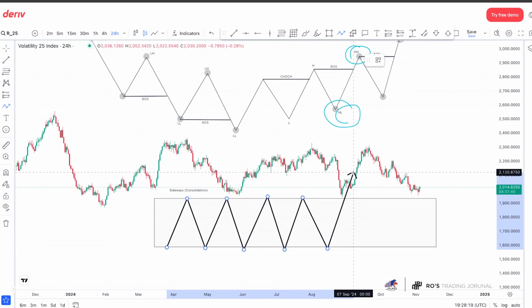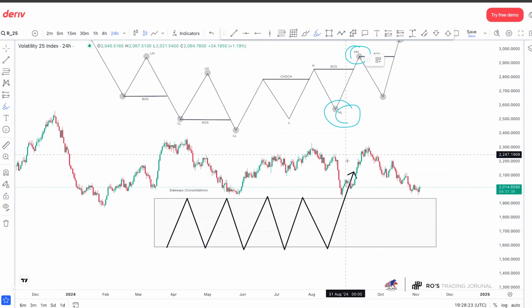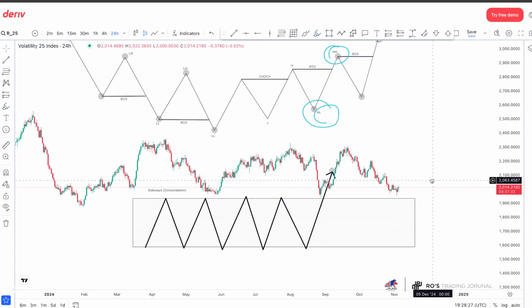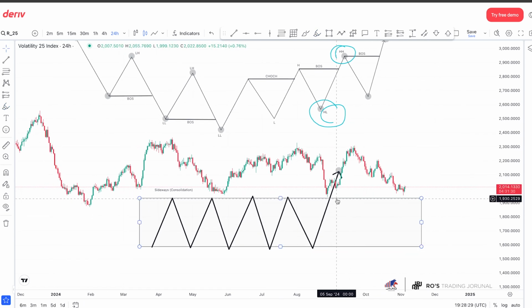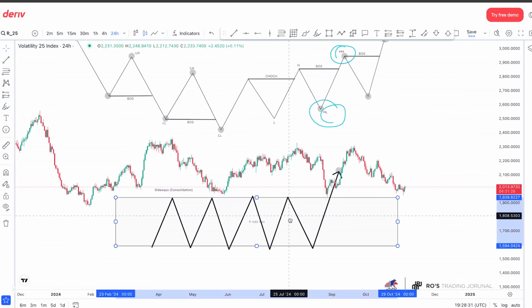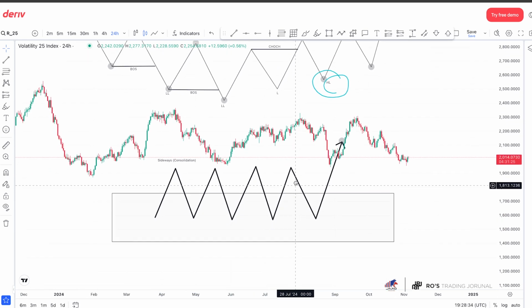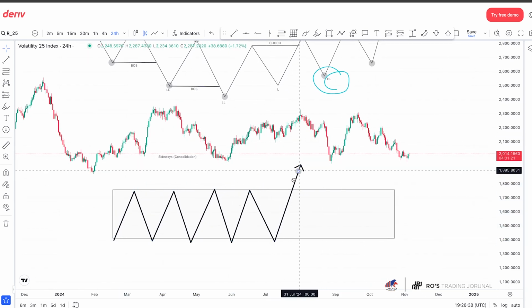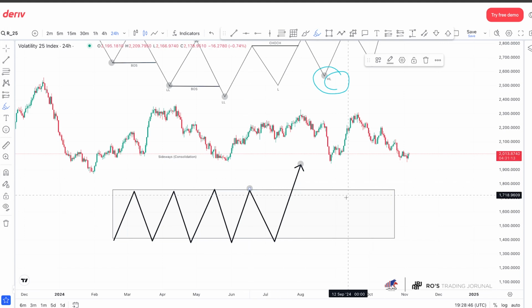Now, when the market breaks out of the consolidation, you're going to have your higher high. Let me just move this over so you can see. So when the market breaks out of the consolidation, you're going to have a higher high, because this high is going to be higher than the previous high that was there.